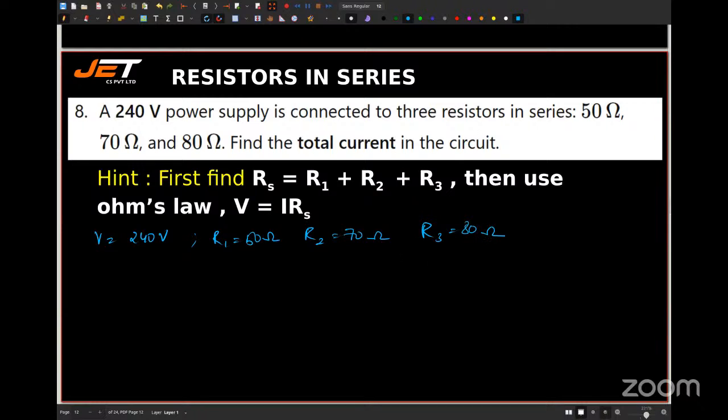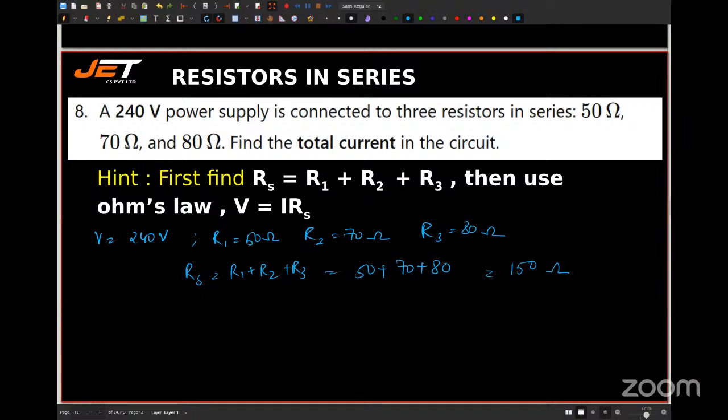So basically what is RS? It is R1 plus R2 plus R3. So 50 plus 70 plus 80. How much do you get? It is 200. So 200 ohms is the total resistance.